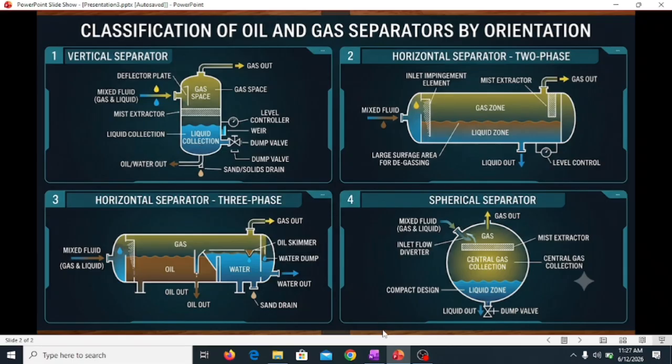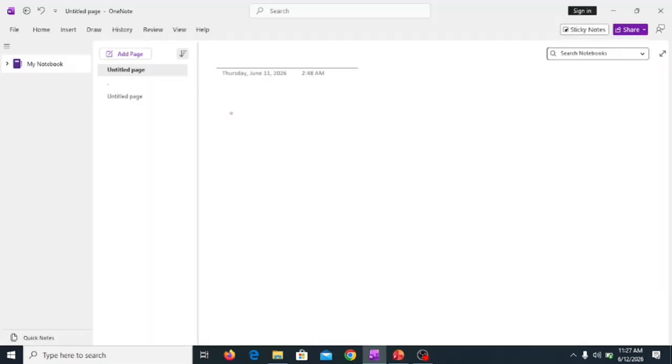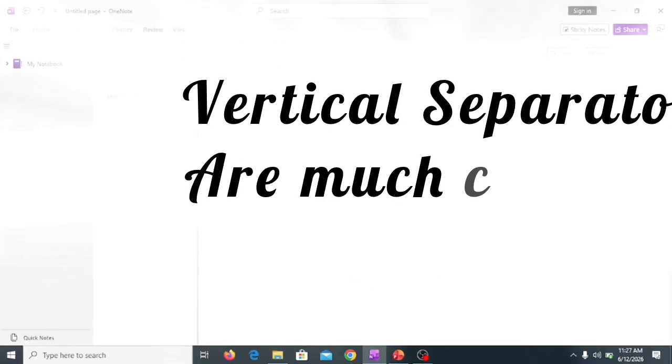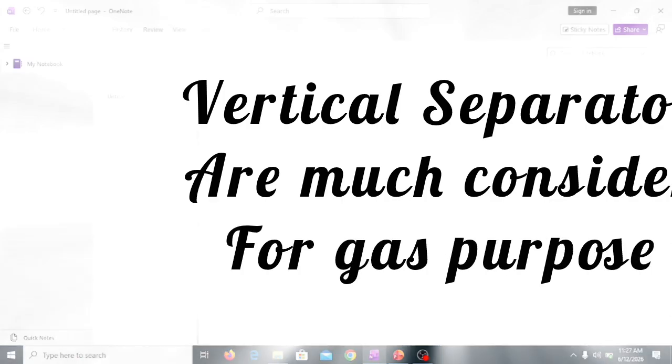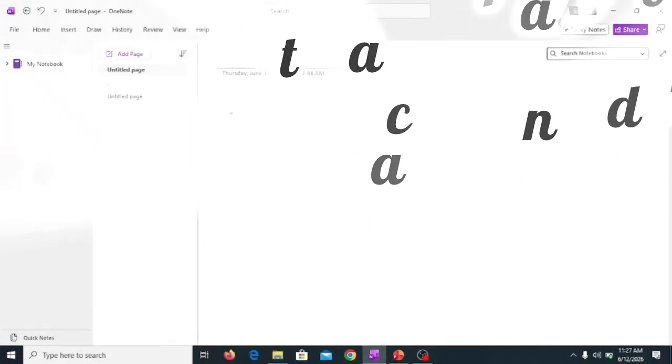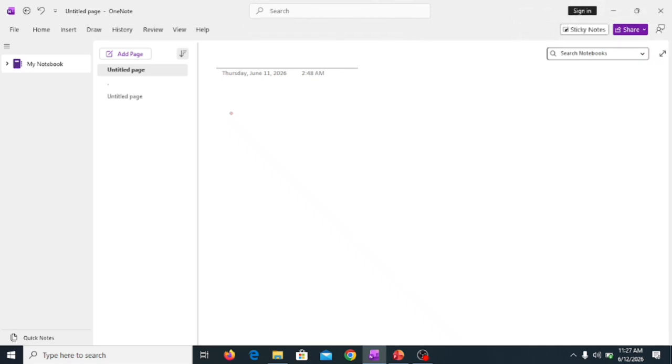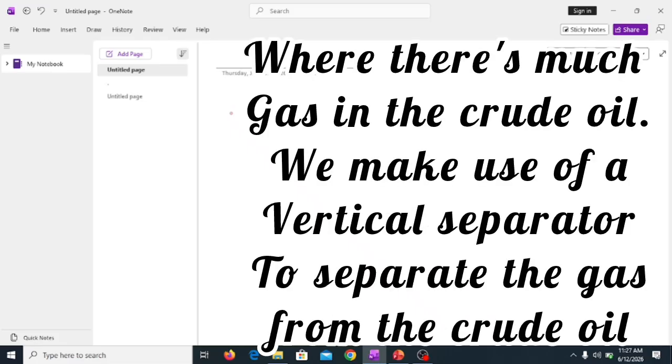So we said the vertical separator is much considered for gas purposes. We use a vertical separator when we want to separate gas, that is, when we have much gas in our crude oil.